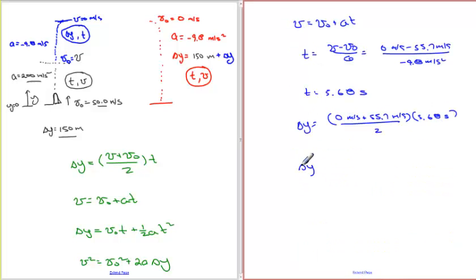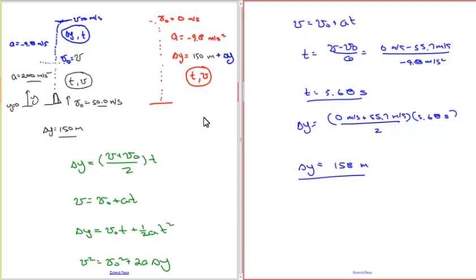So delta Y is equal to 55.7 divided by 2 times 5.68, 158 meters. So what does that do for us here? Well, now we know that delta y here is going to be 150 plus 158.